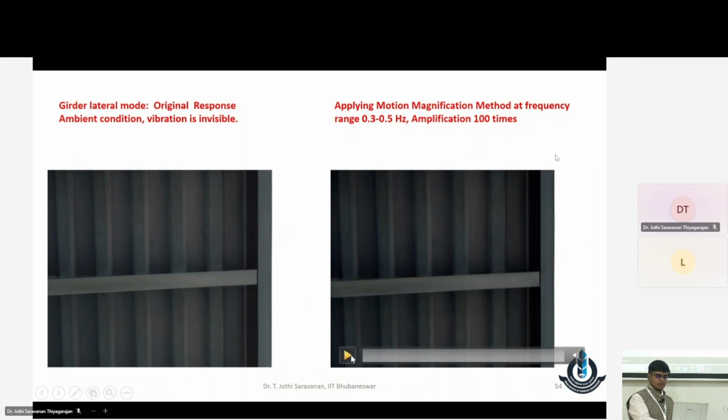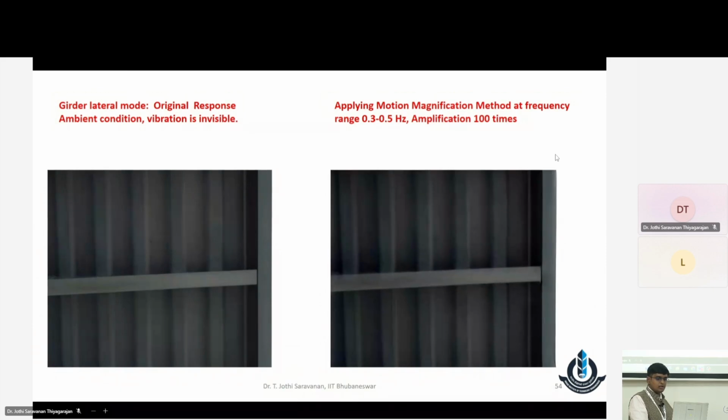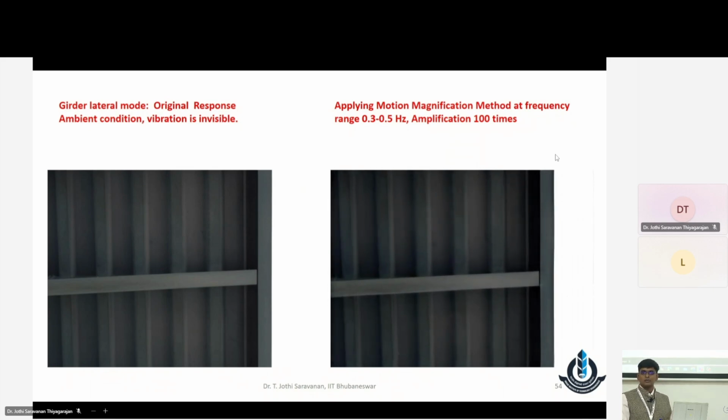Let me play this, after applying motion magnification of almost 100 times. So you can observe the vibration, right? I remember in this experiment we were waiting to see whether a car would pass, because it was early.